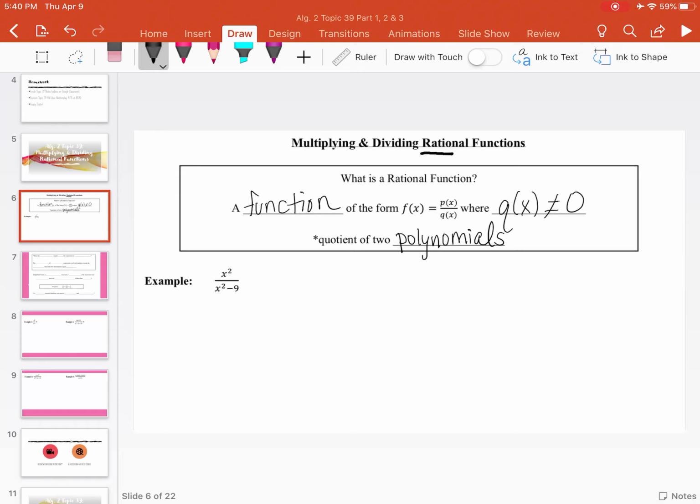So, in this first example here, we have an example of a rational function, x squared divided by x squared minus 9. So, noted above, we know that our denominator can't equal 0.